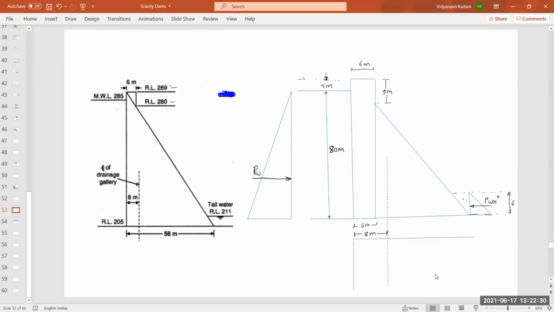We know how to calculate the uplift pressure intensity at all these various points. The uplift pressure intensity at this point, that is at the heel of the dam, is given by W into H. And at the other end, that is at the toe, it is given by W into H dash. So this value is given by W into H dash.